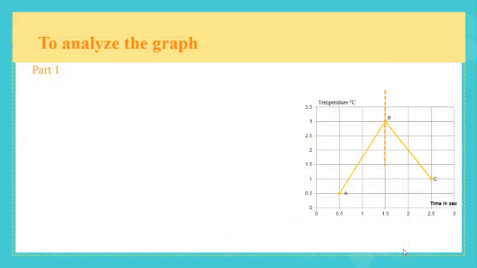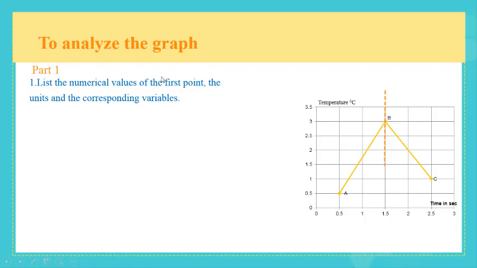After explaining the steps, it's time to apply and analyze a graph. We will analyze each part alone, starting with part 1, from point A to point B. First, list the numerical values of the first point, which is A, the units and the corresponding variables.